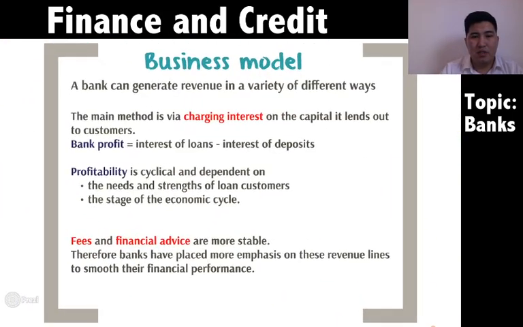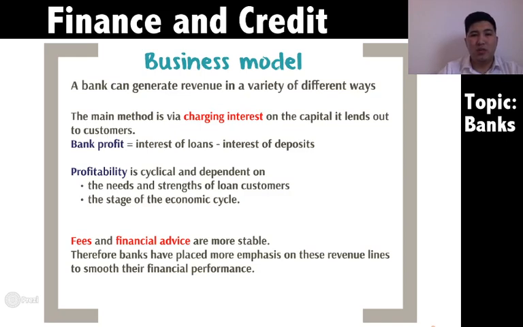Business model. A business model means how the bank generates profit. The main profit of the bank comes from charging interest. They charge interest on loans and pay interest to deposit holders, so the profit is the interest on loans minus the interest on deposits.